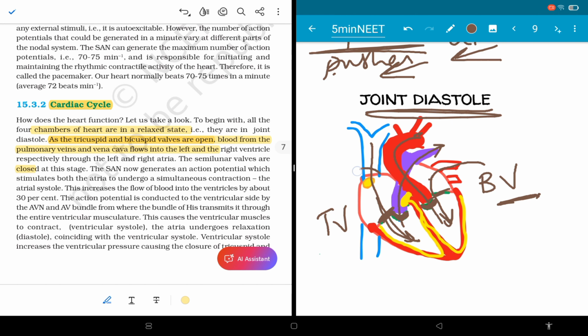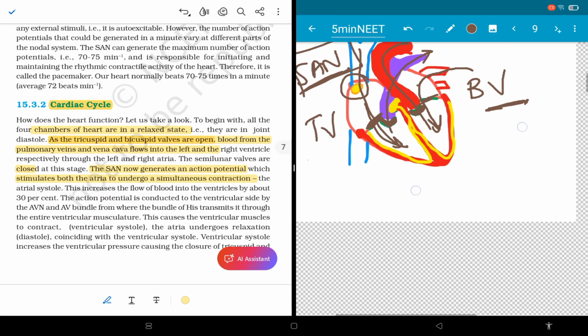The sinoatrial node, that is SAN, which is known as the pacemaker of the heart, generates electric potential. By nature, without any external stimuli, it can generate electricity, that is electric stimuli, to stimulate the heart. The SAN now generates an action potential which stimulates both the atria to undergo a simultaneous contraction.